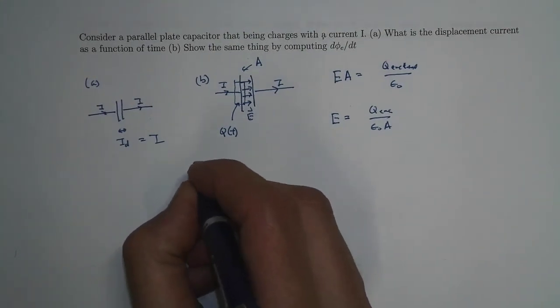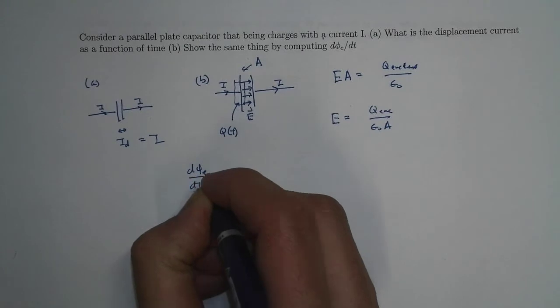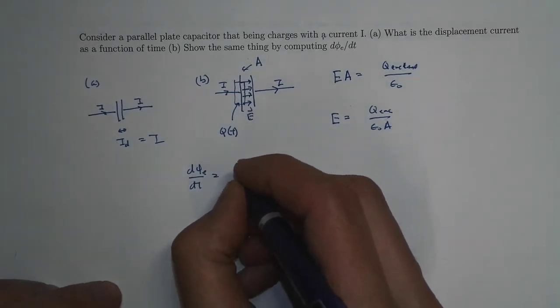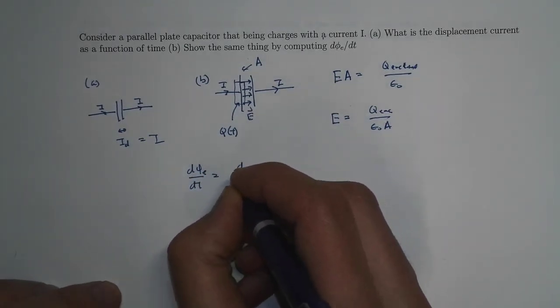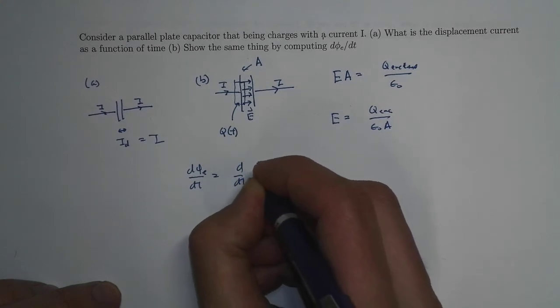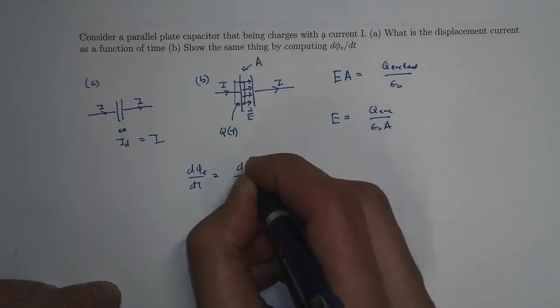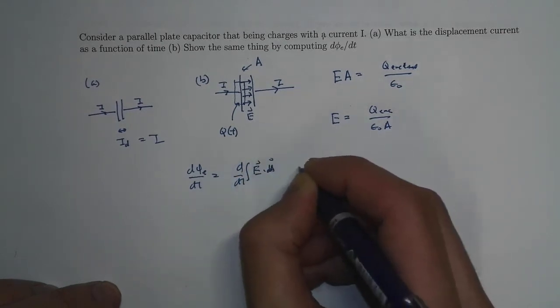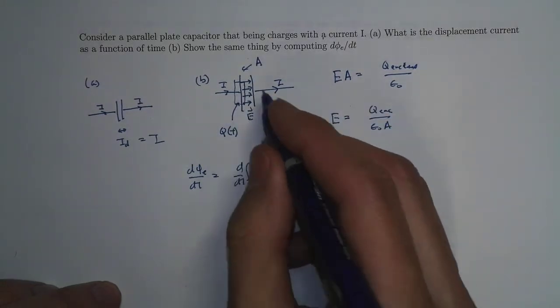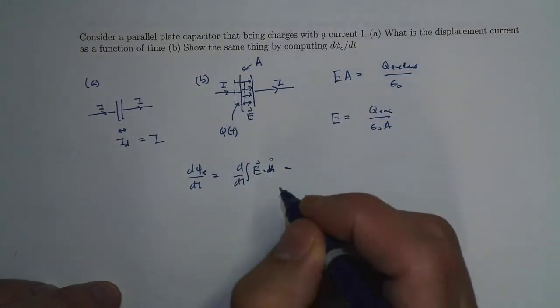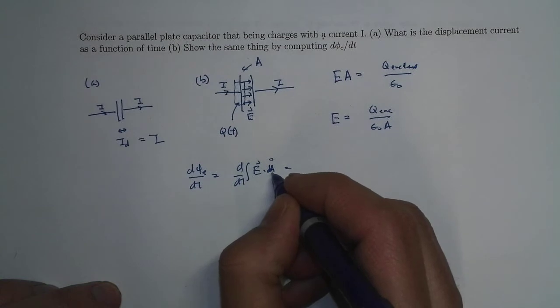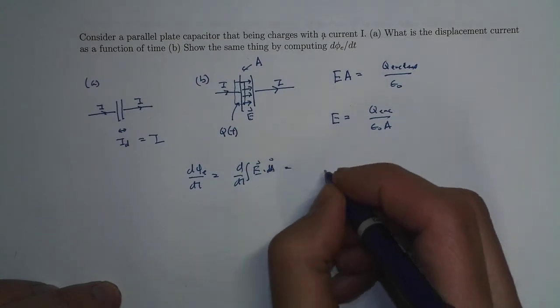Now dΦ_E/dt is equal to d/dt of the electric field times the area, really just the derivative of that. But in this case, the electric field is perpendicular to the area, which means it's parallel to the normal of the area.